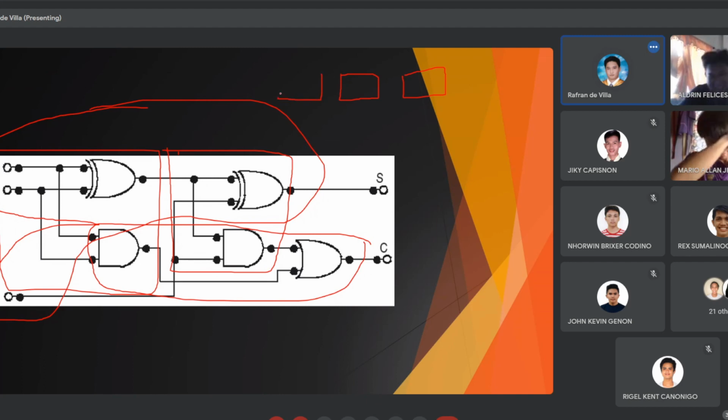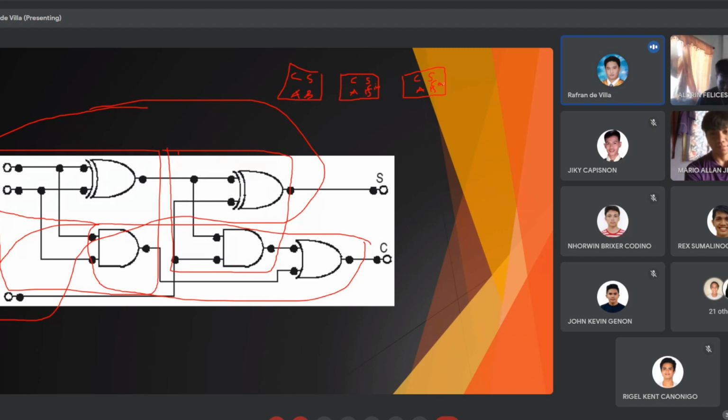So nato input A, input B, input A, input B, input A, and input B. So you have an output sum, and napod kay carry out, and napod kay tawgon lang nato carry in.